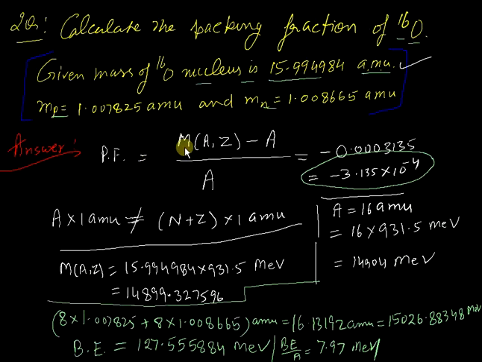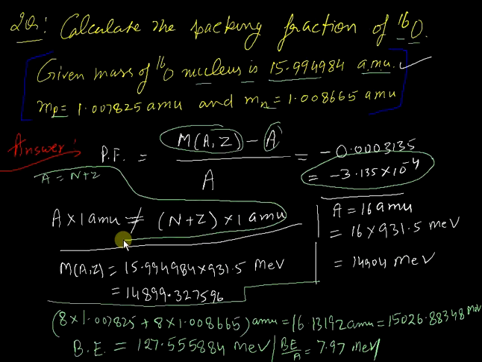The formula is the mass of the nucleus, M(A,Z), minus A, the atomic mass number, divided by A. One thing is very important: we know A is equal to N plus Z, so A into 1 AMU is not equal to (N plus Z) into 1 AMU, so the value is totally different. We have to keep this point in mind.